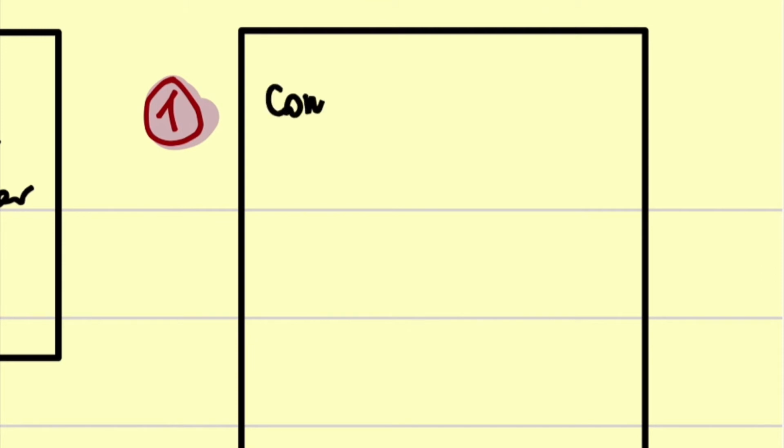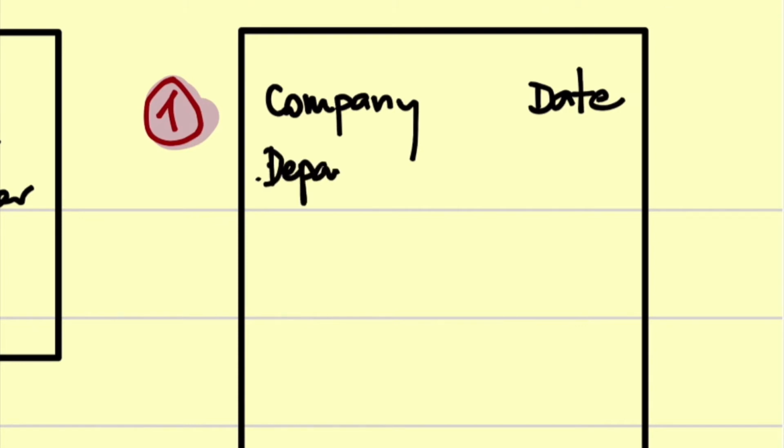You have information about the company. You know the date, the supplier, the department. You know when it begins, what time.